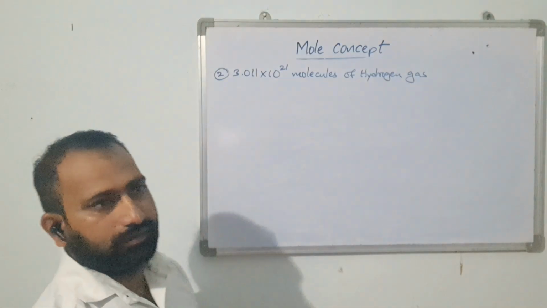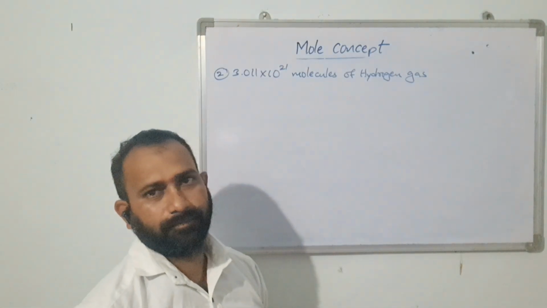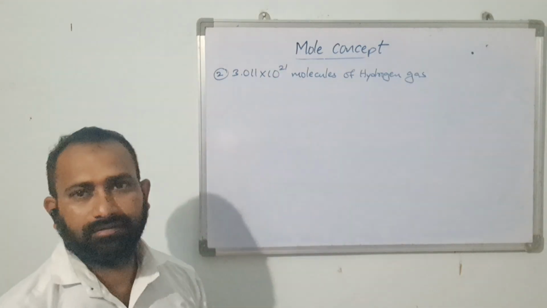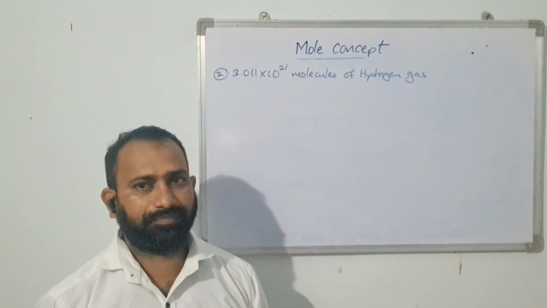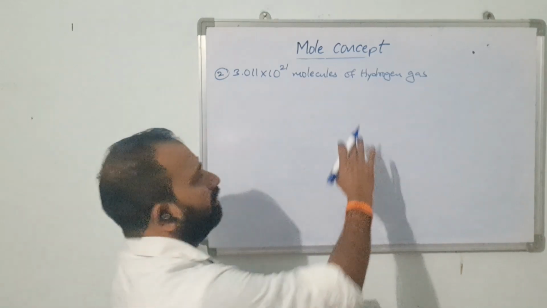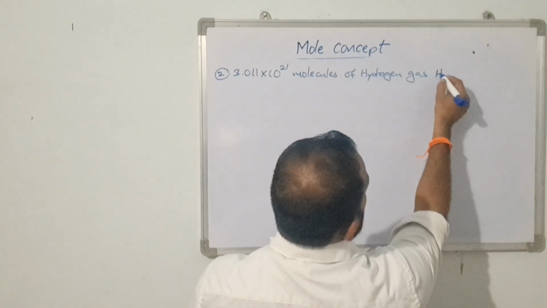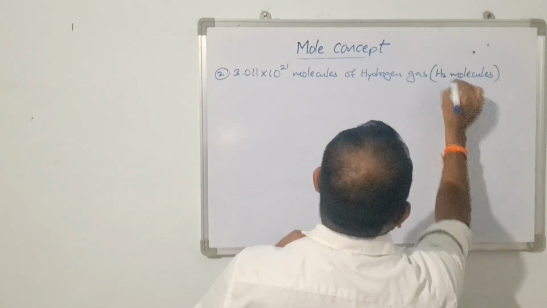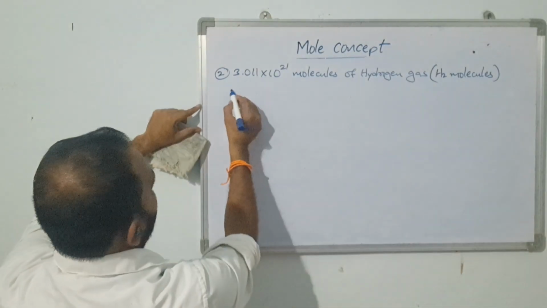So you must remember one thing, students. Hydrogen gas is molecular form, not atomic form. That means here you should give what? Related to molecules. Understood? Okay. Right. So this is N value.